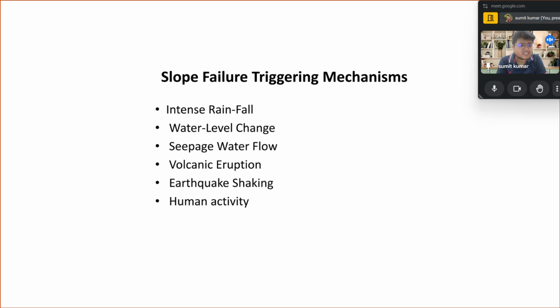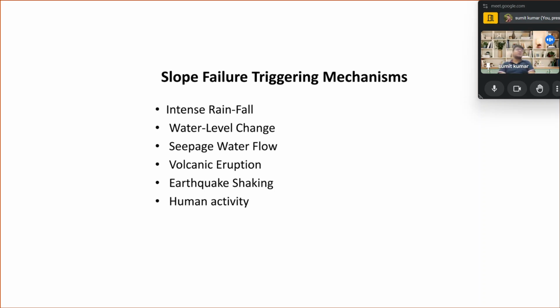The volcanic eruption is also a case if volcanoes are present at a specific section and an eruption takes place; that is one of the points which could trigger the failure of slope. But this has very limited conditions because active volcanoes are not present all across the globe. The next one is the earthquake shift.